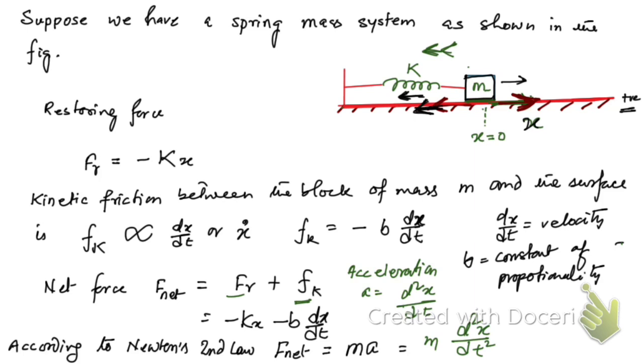In the above expression we have got the net force equal to this, and according to the second law this is the net force acting on the block. So we can write this equal to this. Let me write on the next slide.